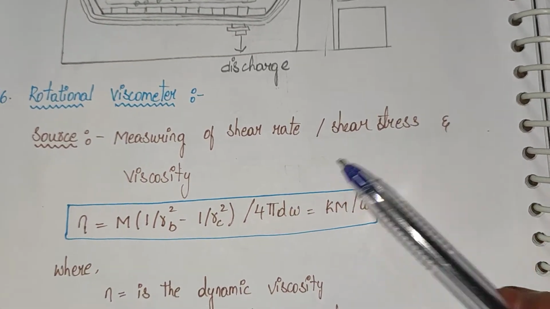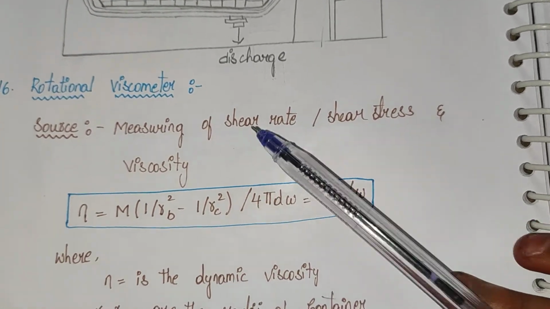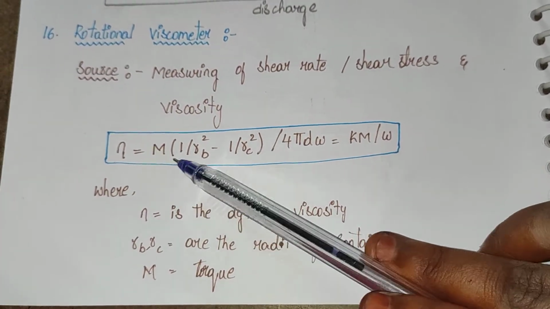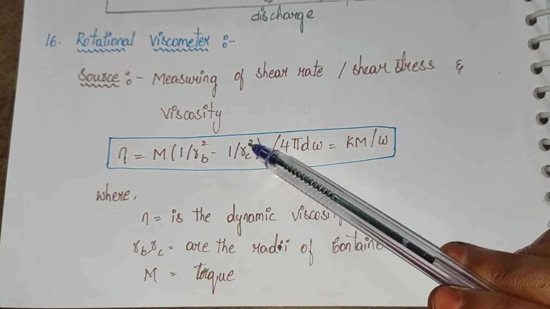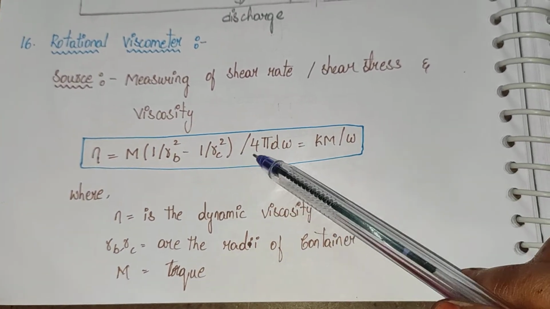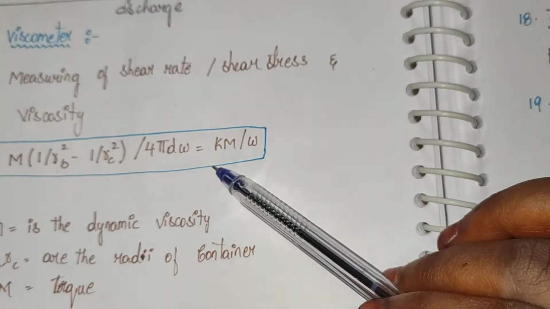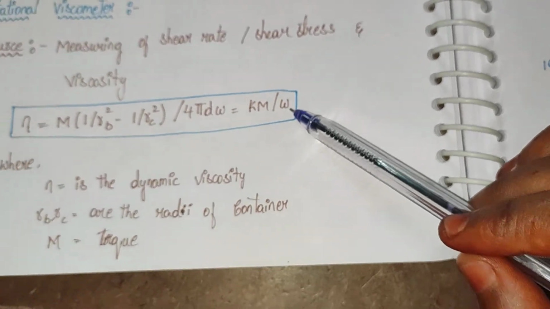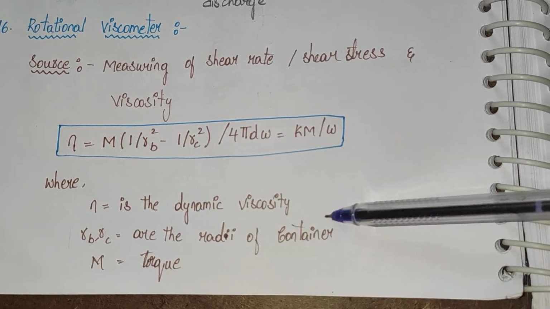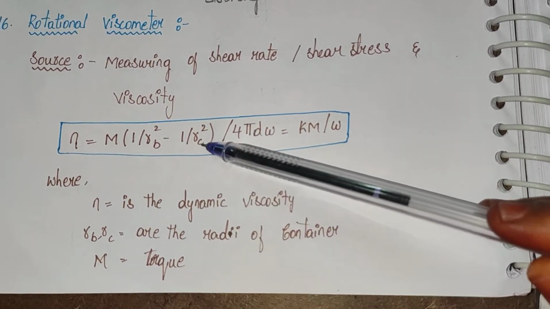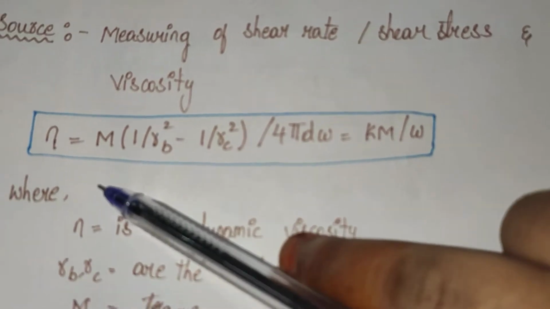So it is used for the measuring of shear rate and shear stress and also the viscosity. So the formula is N equals M into (1 by RB square minus 1 by RC square) into 1 by 4 pi dW, equals M by W. So here N is the dynamic viscosity, RB and RC are the radius of the container, and M is the torque.